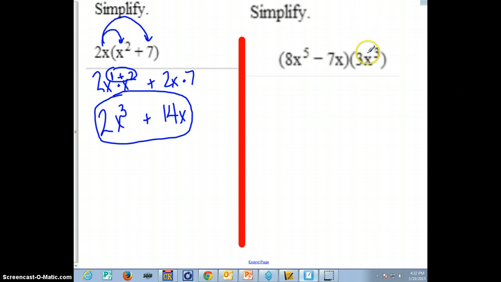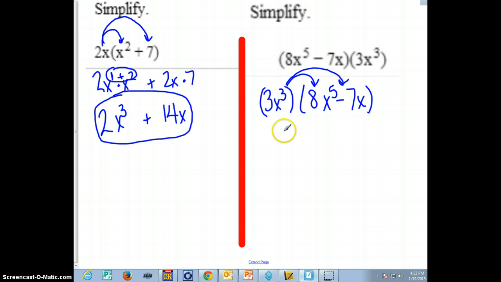Now on this one, this is written second. That really bothers people. So if it helps you to kind of do this, then do that. And then you're going through and you're going to distribute those. So 3x to the 3rd times 8x to the 5th minus 3x to the 3rd times 7x.